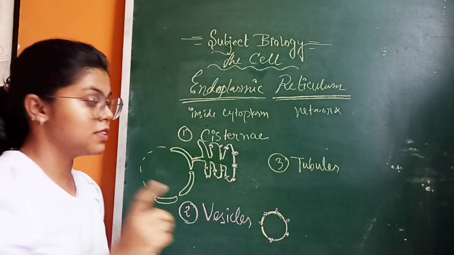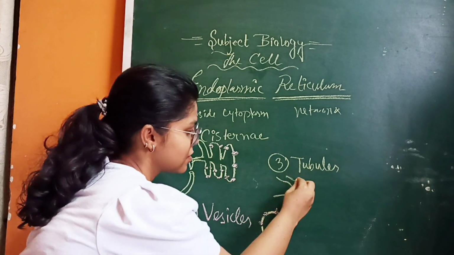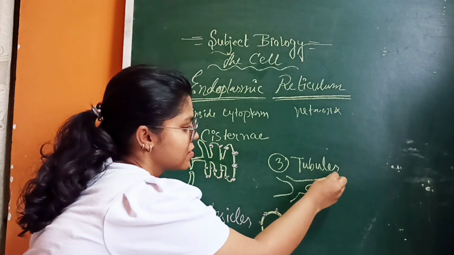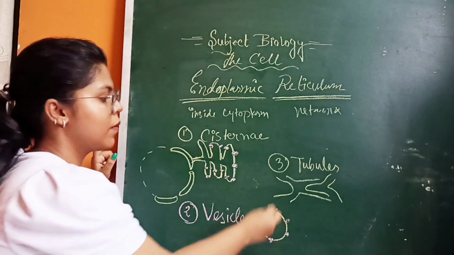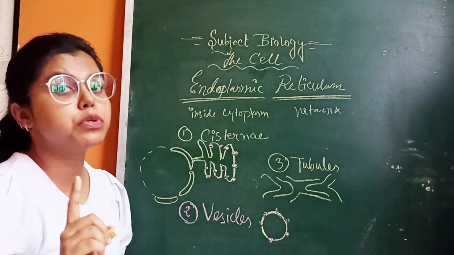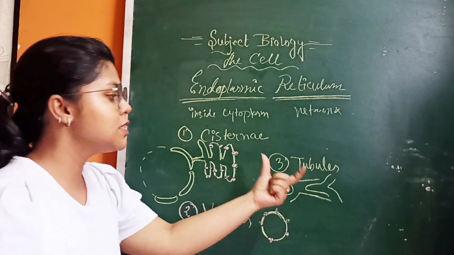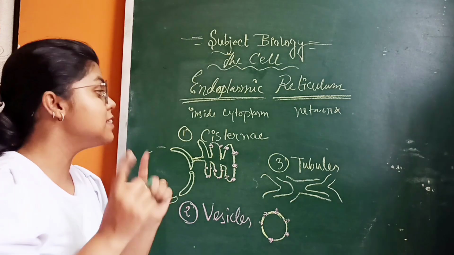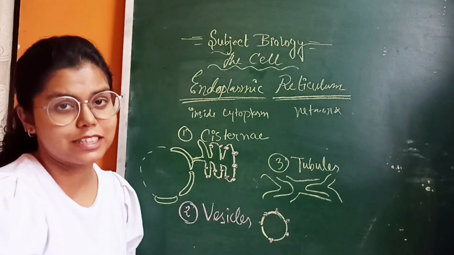Tubules are branched, like this, and there are no ribosomes present. So this is tubule, and the lumen of the tubule is broader than the lumen in the cisternae.